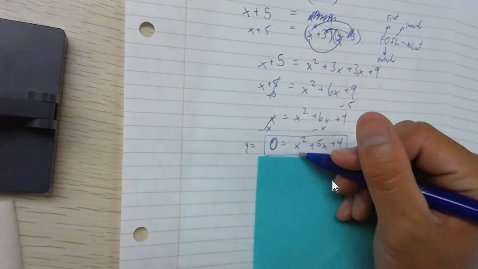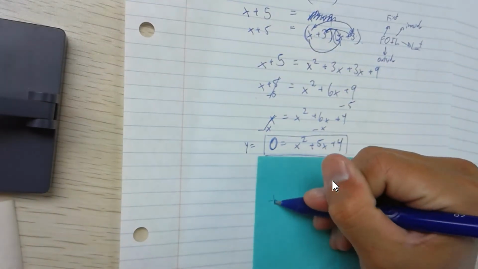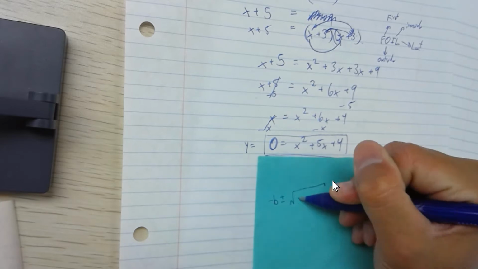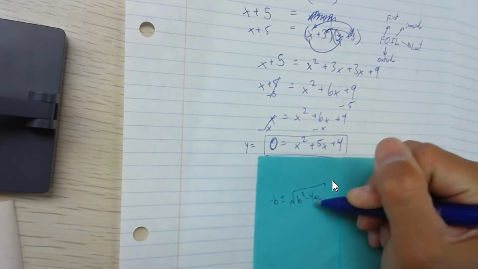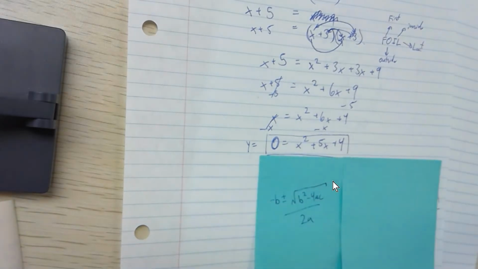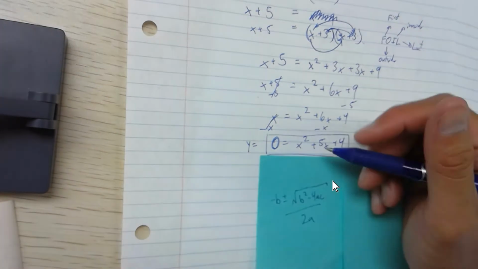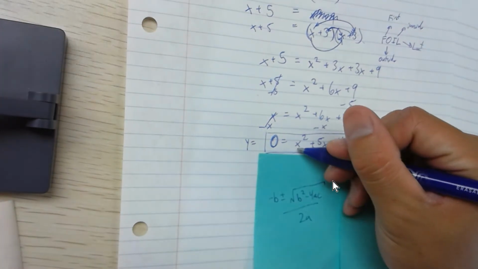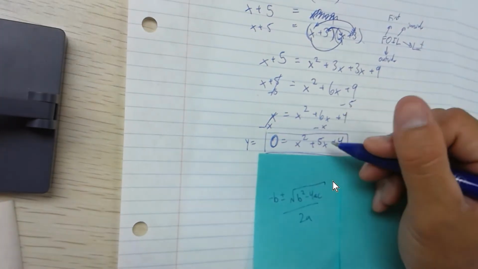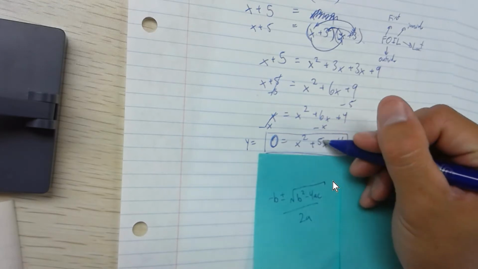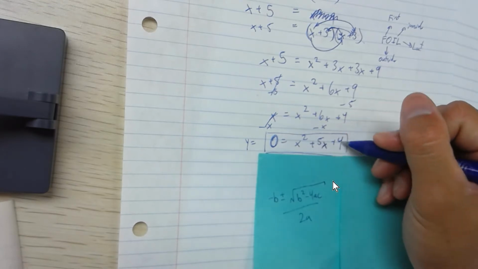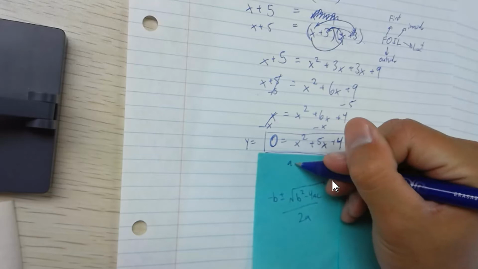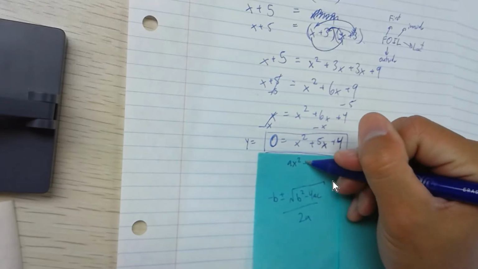In order to use the quadratic formula, which is negative b plus or minus the square root of b squared minus 4ac, divided by 2a, that is recalled upon what we did before in the beginning of the year. You have to recognize that if you have x squared plus 5x plus 4, you have something that has x squared, a number next to just x to the first power, and a constant number. You essentially have this form, ax squared plus bx plus c.